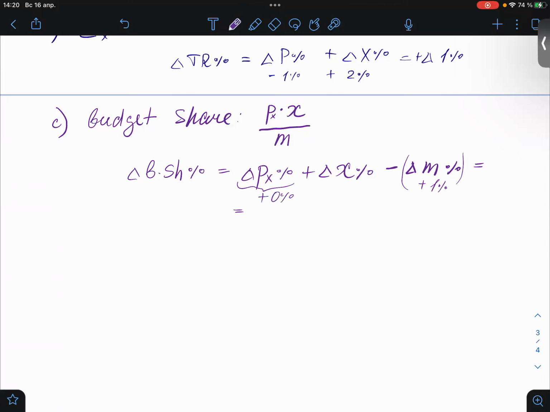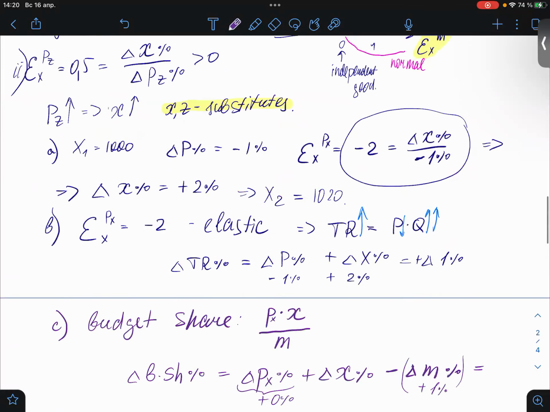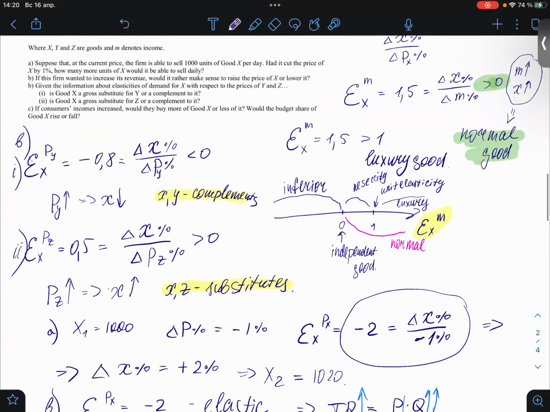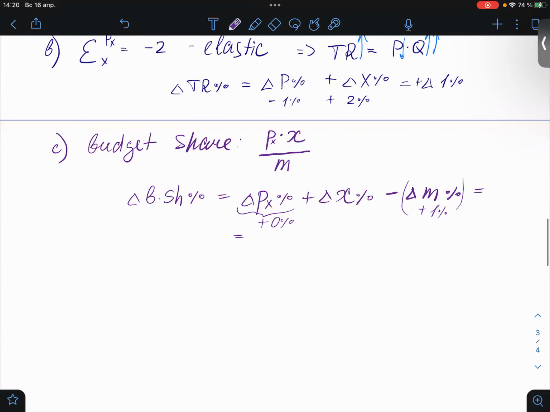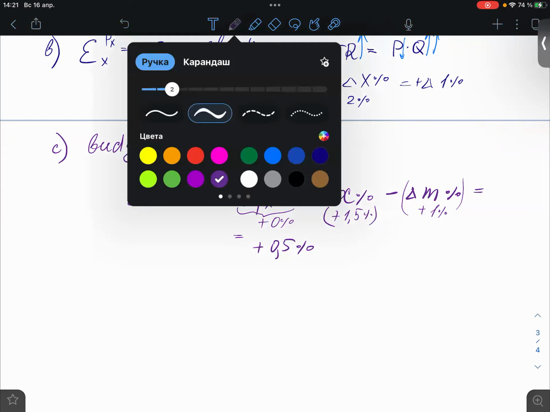And according to elasticity, the change in the demand for good X will be how much? Plus 1.5%. So let's count. This will be plus 0.5%. So the budget share will increase.